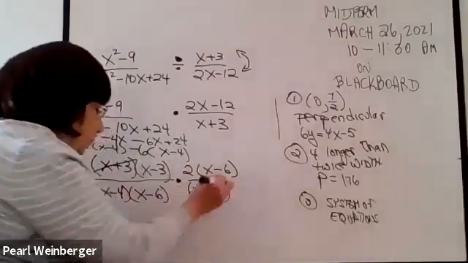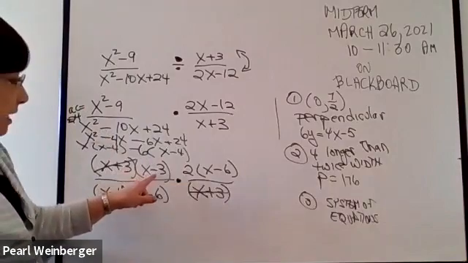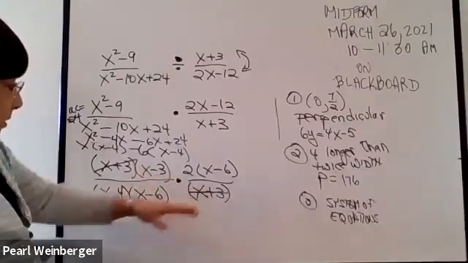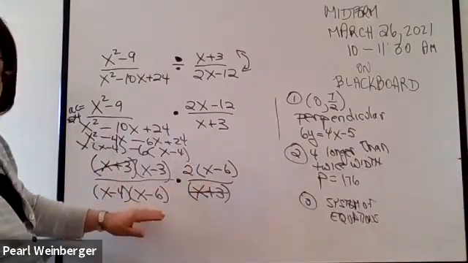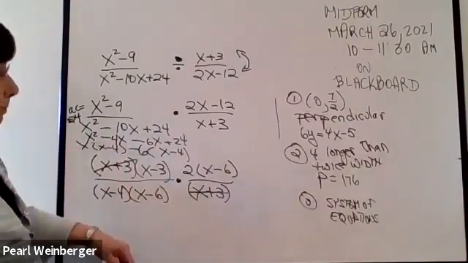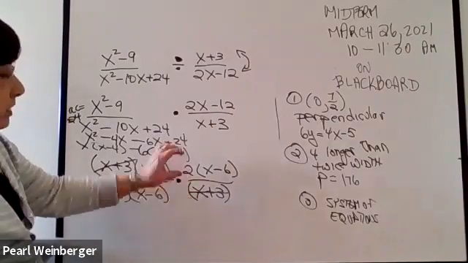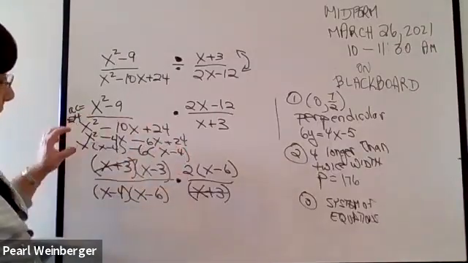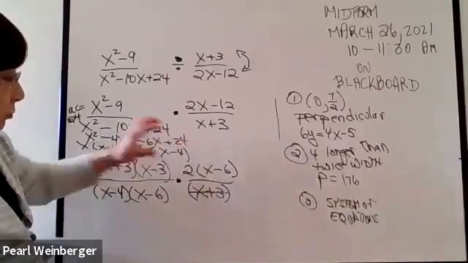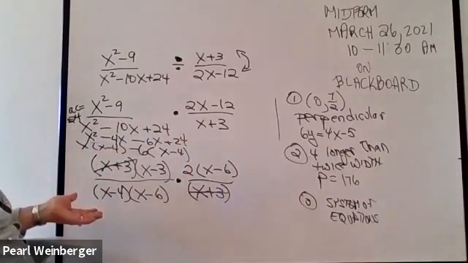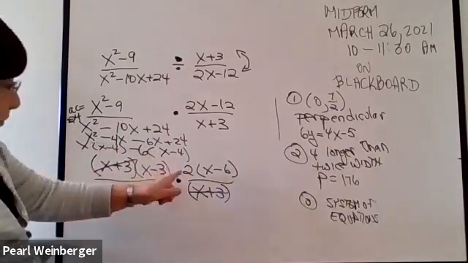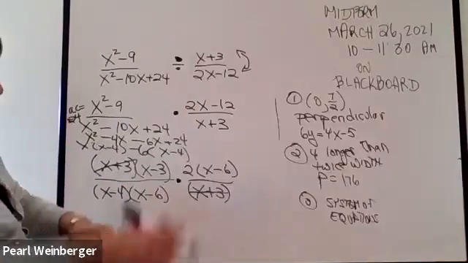They can cancel out. The next thing I see is an x minus 3 on top, but I don't see any x minus 3 on the bottom. I leave it alone. Then I see a 2. This 2 is a standalone. So I could only cancel it out with a standalone 2, and there is no standalone 2 at all. So I leave the 2 alone.